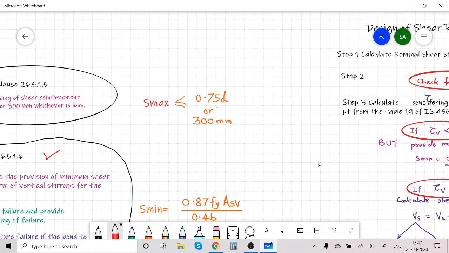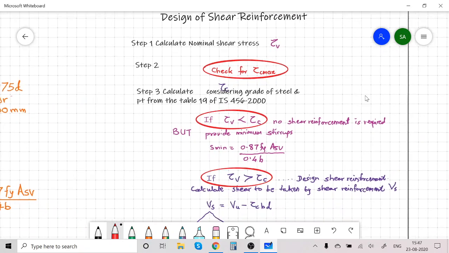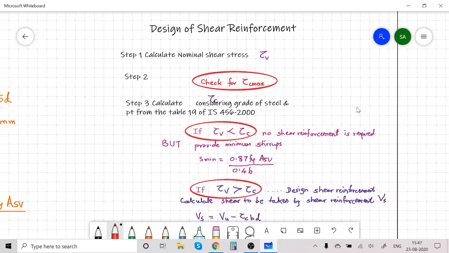Now, how to design a shear reinforcement? These are the steps to be followed for designing shear reinforcement for a rectangular beam. First, calculate the nominal shear stress, tau V, which is equal to Vu upon Bd. What is Vu? Vu is the factored shear force. Then step 2, check for tau C max.